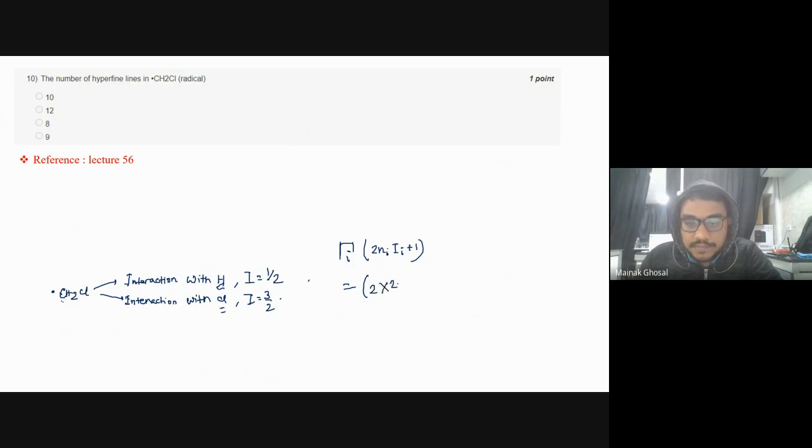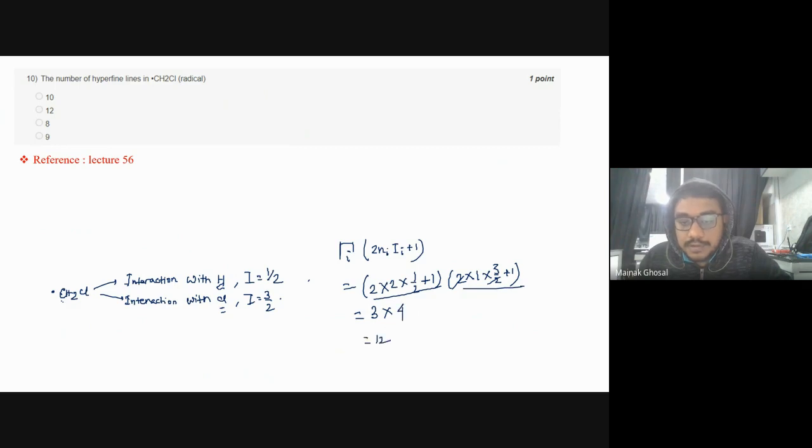Only 2 protons. What is the nuclear spin? Half, okay? And for the next part, for chlorine, how many chlorines are there? Only one chlorine. What is the spin? 3 by 2. So here this will come 3, and from the next one it will come 4.